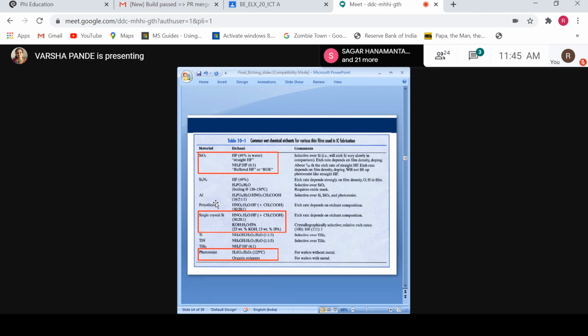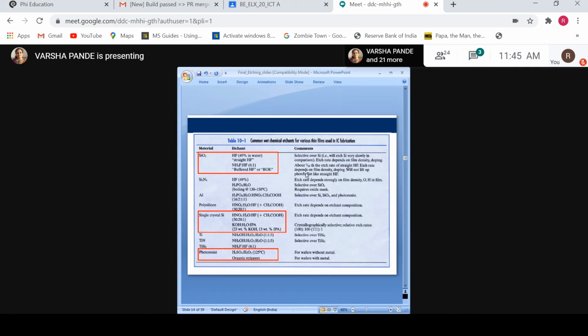So which type of etchant solution do we have to take? In that etchant solution, other materials should not etch. That may be the silicon dioxide, the substrate, or any other type of layer, polysilicon. All that material should not etch. Only the aluminium should etch.